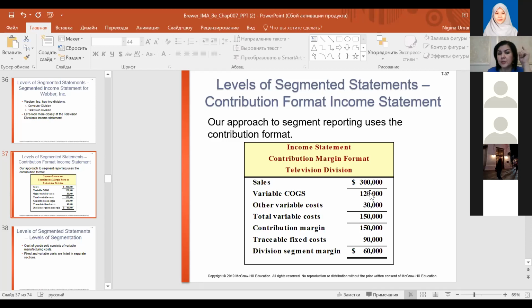First we subtract all variable costs from sales revenue, and we get contribution margin. And from contribution margin, we subtract traceable fixed costs. These are fixed costs which are related only to this division.